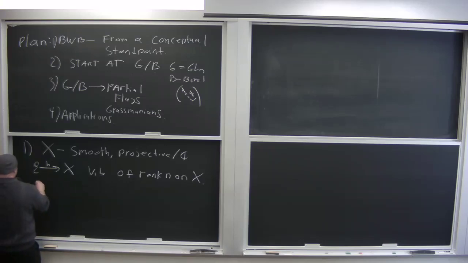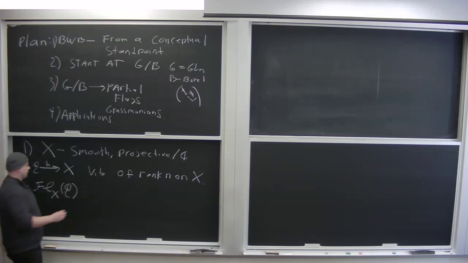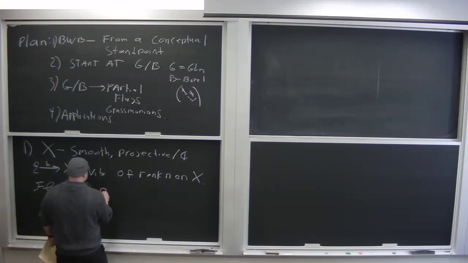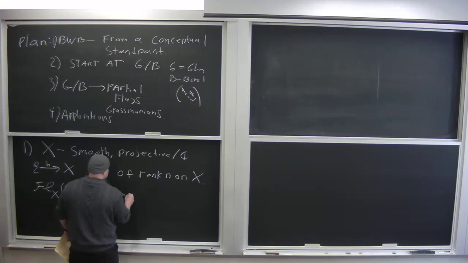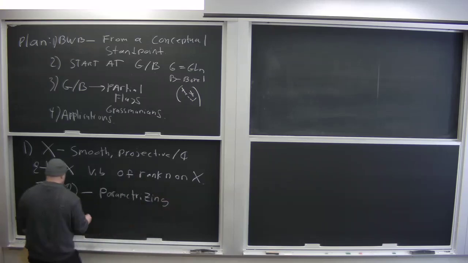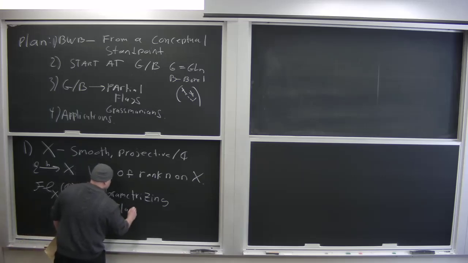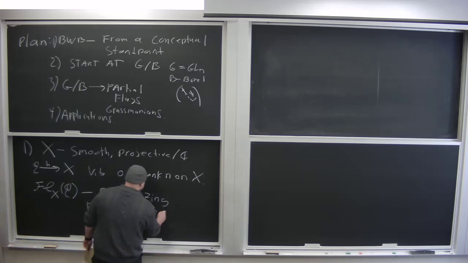And now I can form the full flag variety associated to this vector bundle. And so what is it parameterizing? Full flags of subbundles.